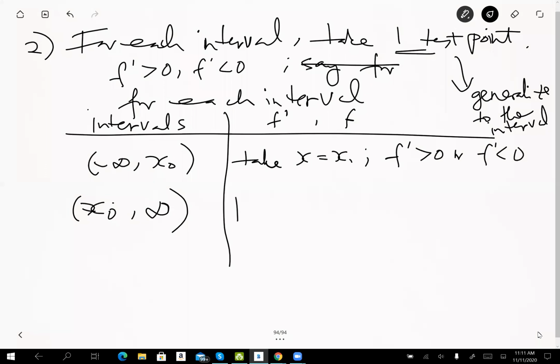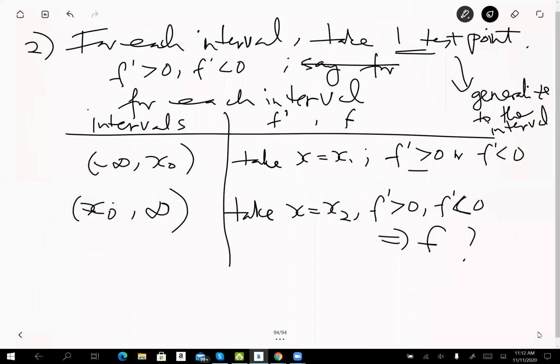Similarly, for the second interval, say I take one test point, x equal to x2. Again check whether f prime is positive or negative. From there, you can see how the function behaves. So that is the method.